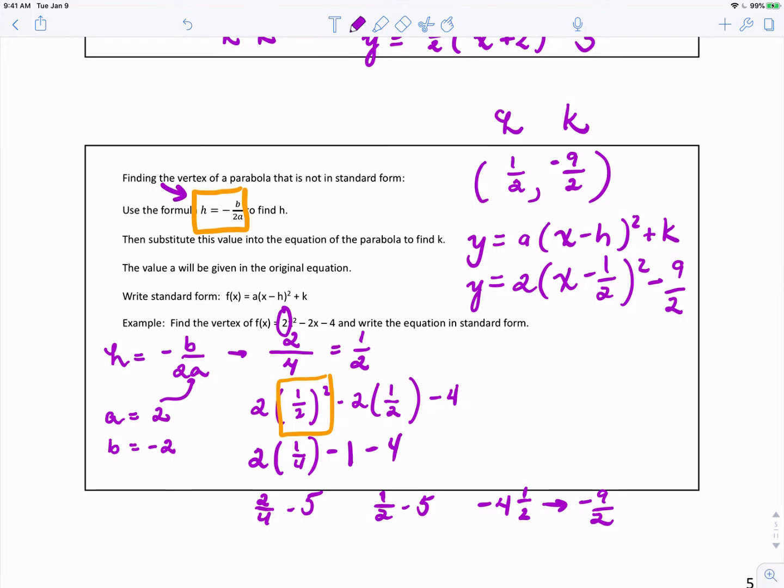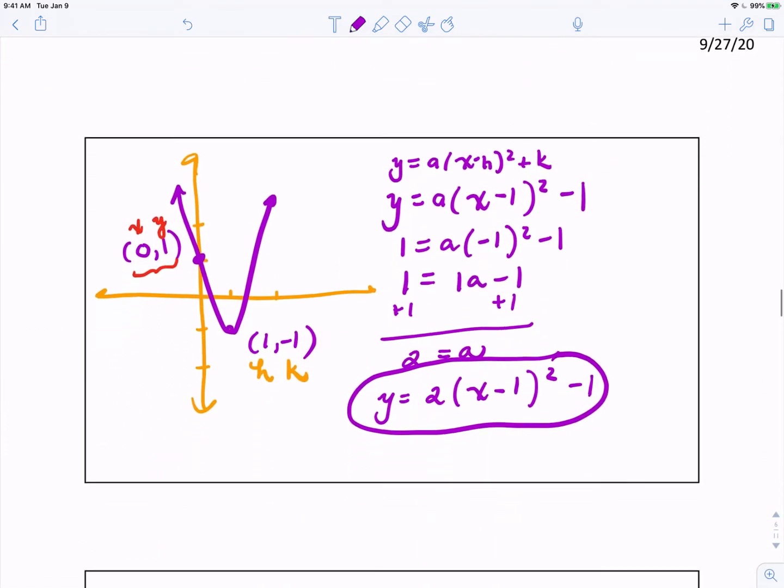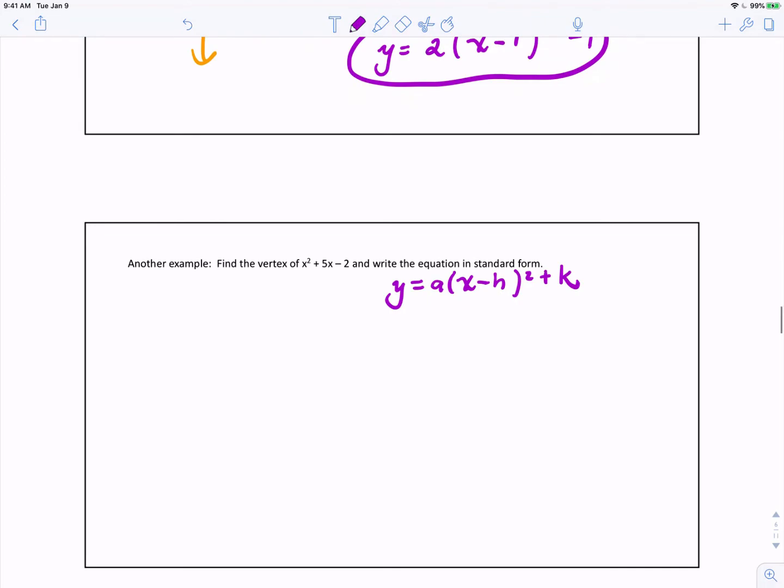H is equal to the opposite of b over 2a, and in our original equation, a is equal to 1 and b is equal to 5. So h would be equal to the opposite of 5 over 2 times 1. So there's our value for h.